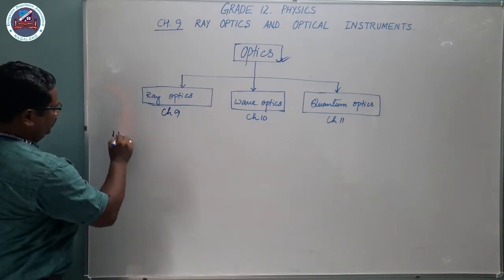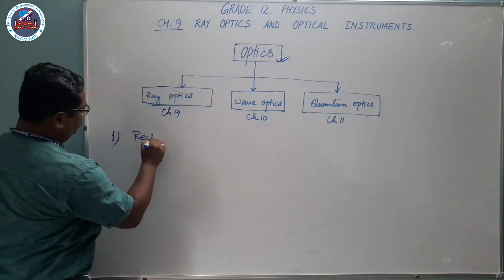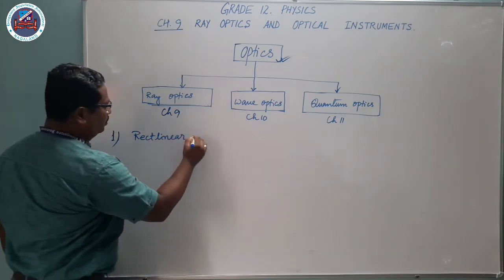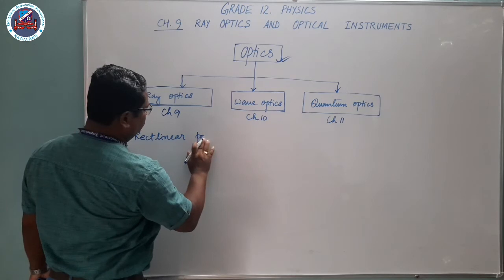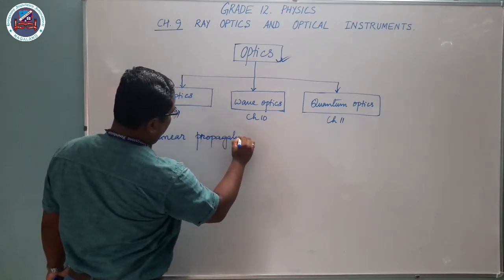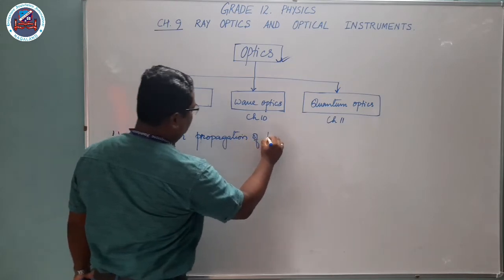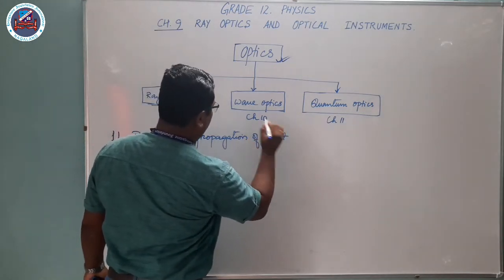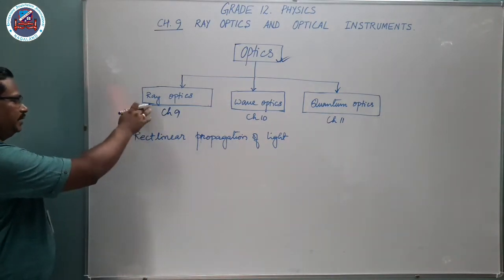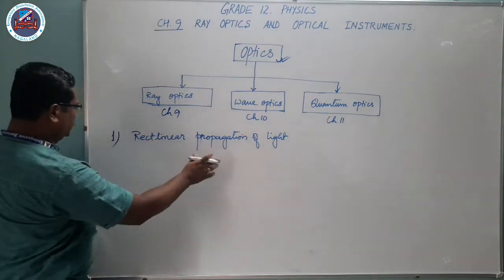Light travels in a straight path because of rectilinear propagation of light. So the assumption to be made while studying ray optics is that light travels in a straight path.